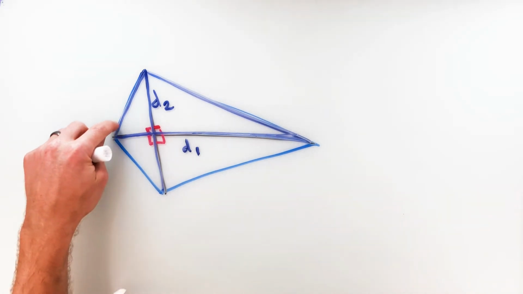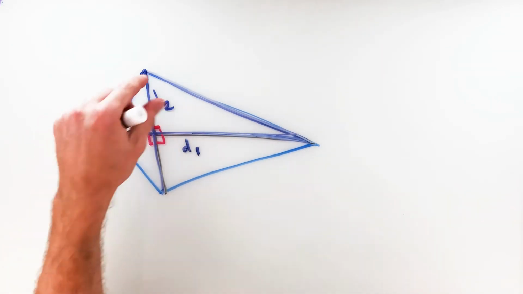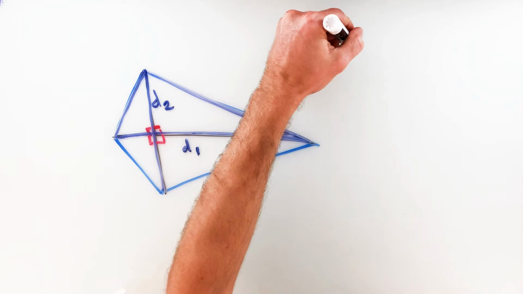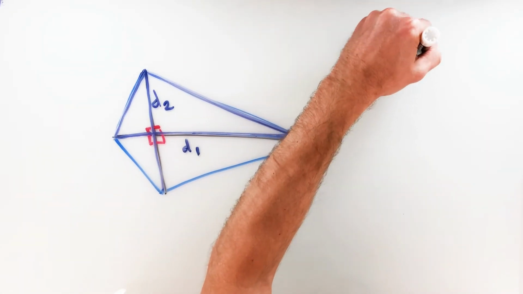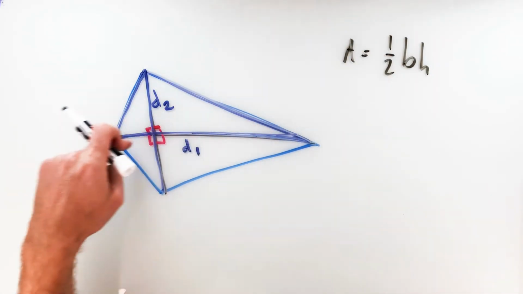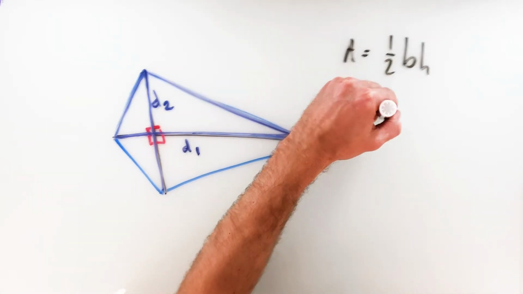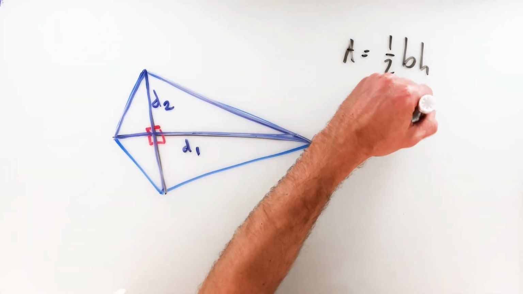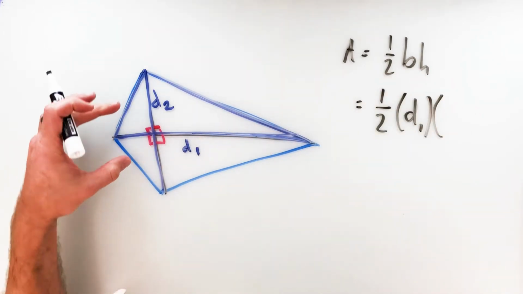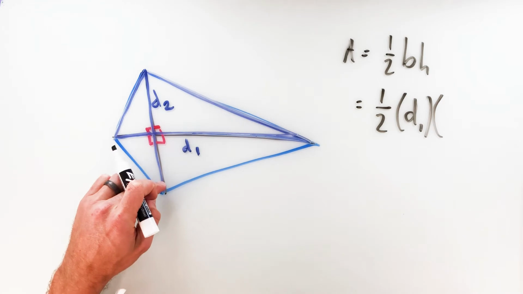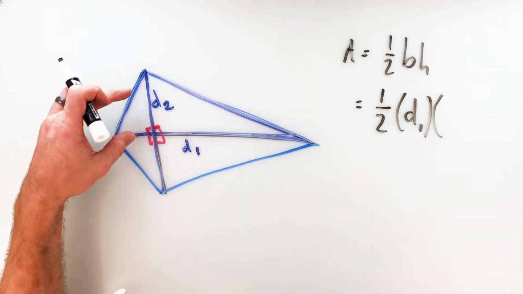Okay, so looking at this triangle up top, the area of a triangle is half base times height. The base of this triangle is just D1. That entire diagonal is the entire base. So half of the base is D1, times the height, which is going to be here. Now, because this is the entire diagonal 2, that line of symmetry cuts it in half.